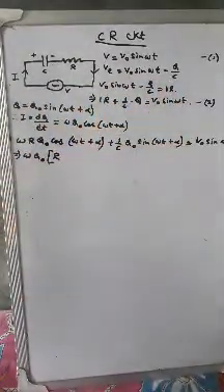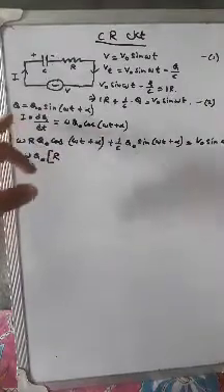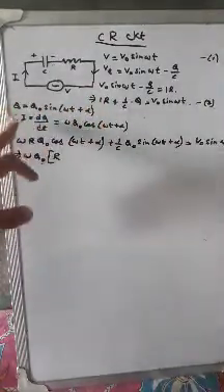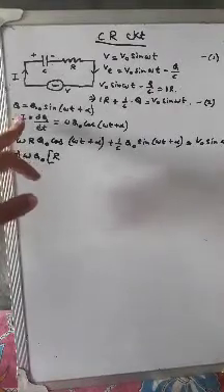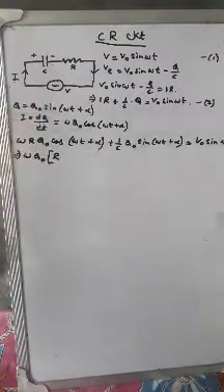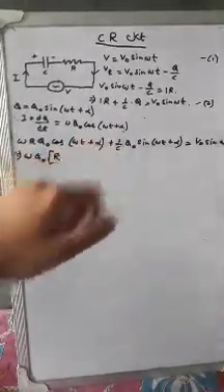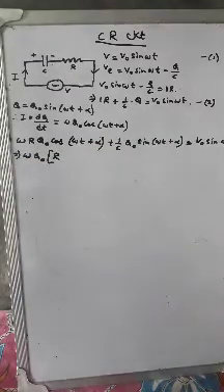Then I've assumed one equation for Q, that is charge, and calculated the I value by differentiating Q with respect to t once, and written this by replacing the value of I. Let's move ahead.